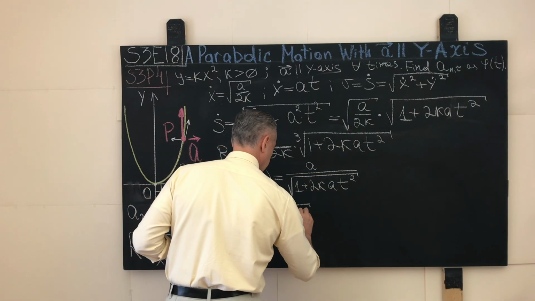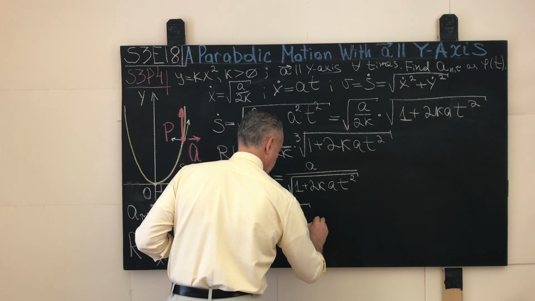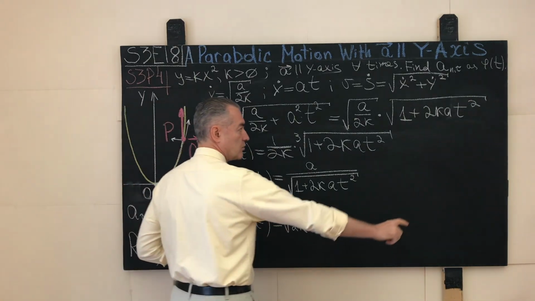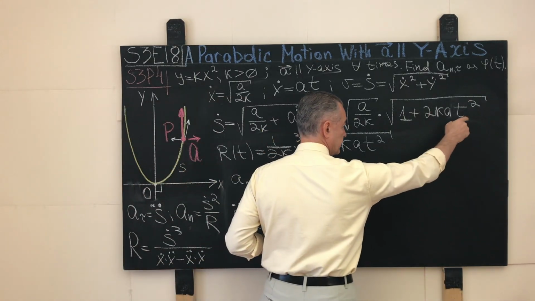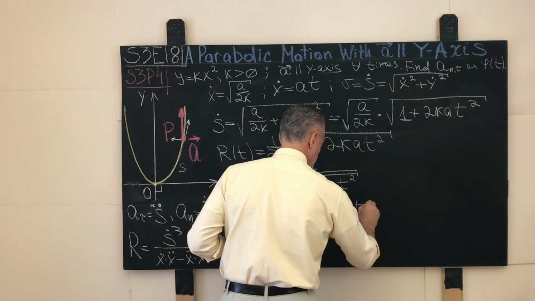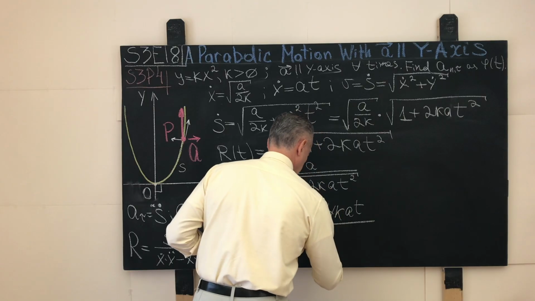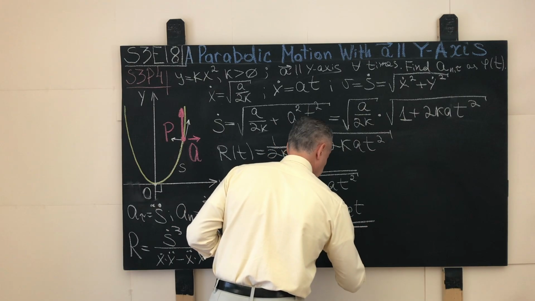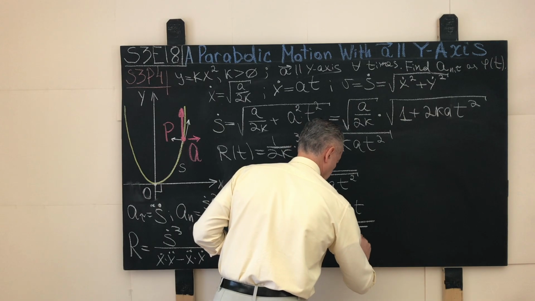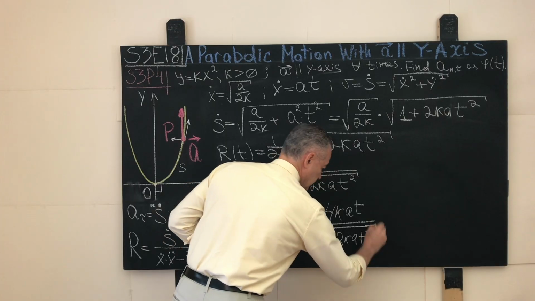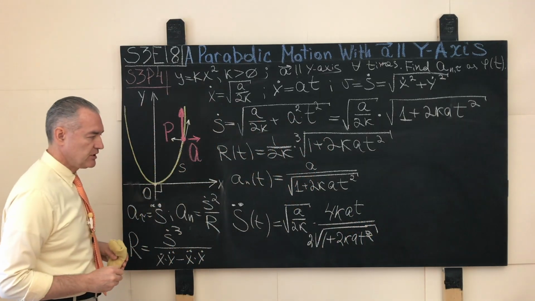The constant real number, the square root of a over 2k, is factored out. In the numerator, we will have 4kat, and in the denominator, we will have 2 times the square root of 1 plus 2kat squared, to be neat.